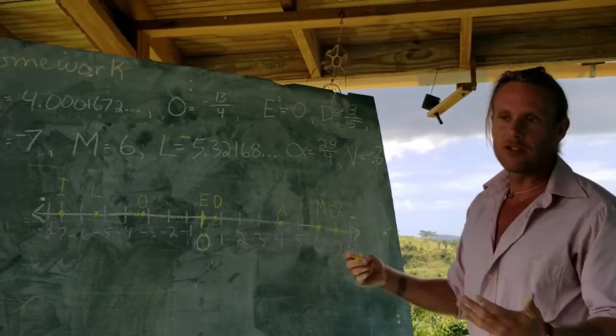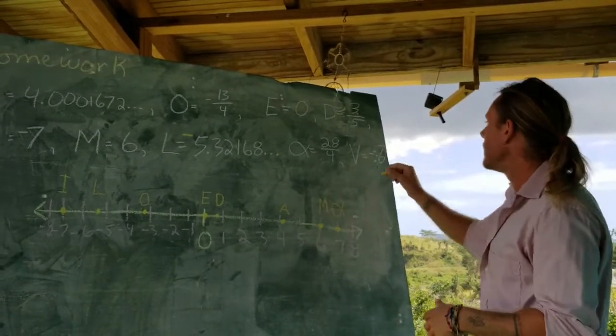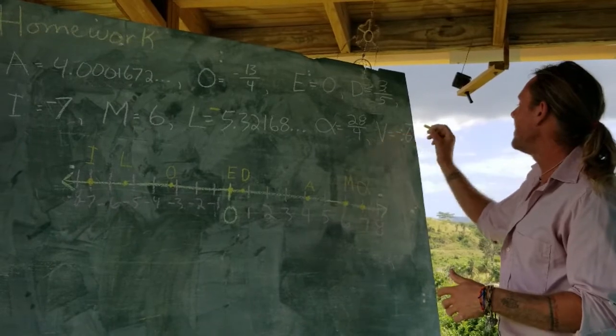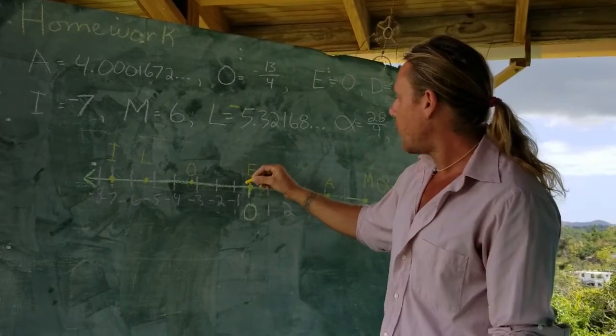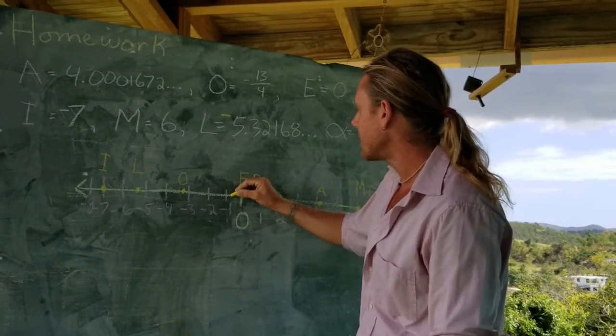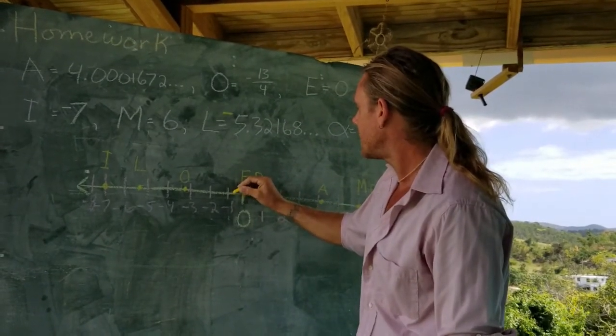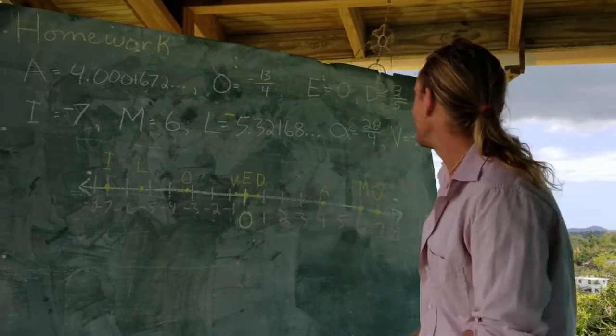Or you could say they just repeat forever because the terminating ones have those trivial zeros that could go on and on. So where's point V going to be located? Well, negative 0.6 repeated will be before negative 1, a little to the negative side, to the left of 0.6. So right about here. Point V.